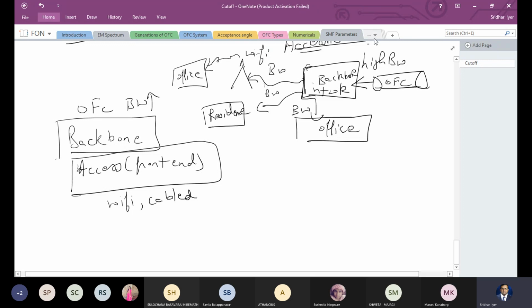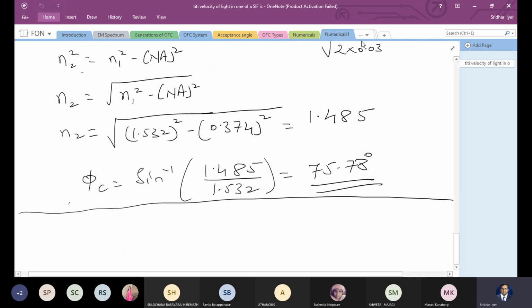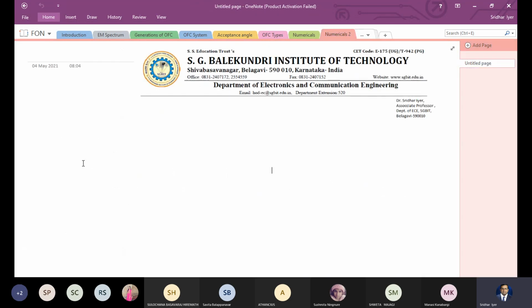Okay. And then we looked at a few numericals yesterday, and there are a few numericals which I want to solve in module 1. So let's do those, and then we'll move on to module 2, and I'll give you an introduction to module 2. Module 2 is very important. It deals with the issues which occur in the fiber.